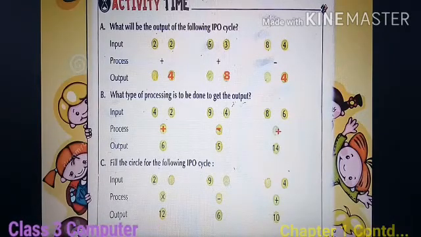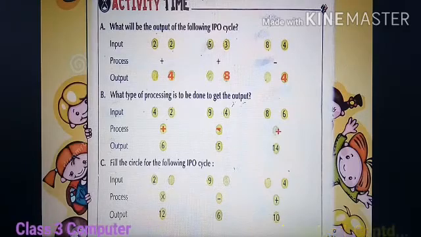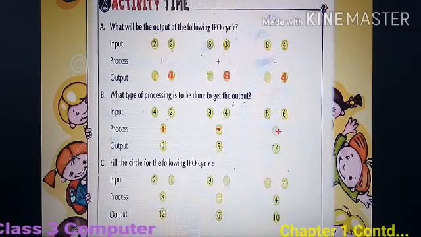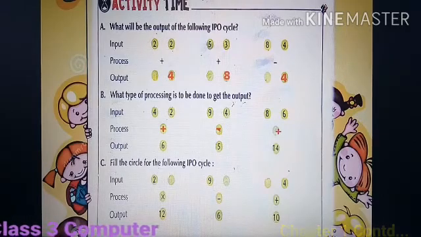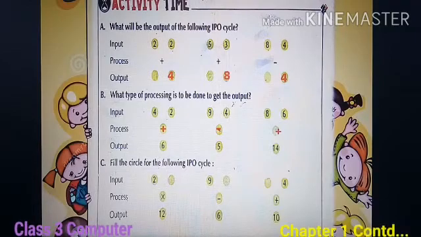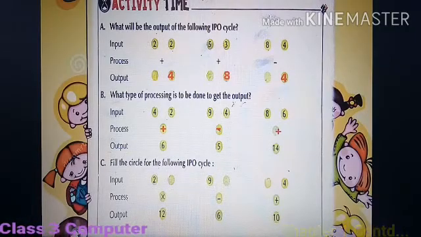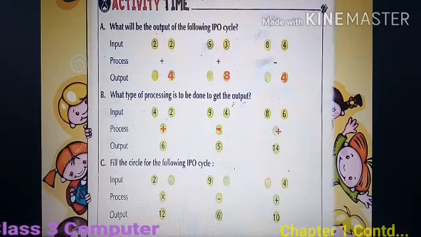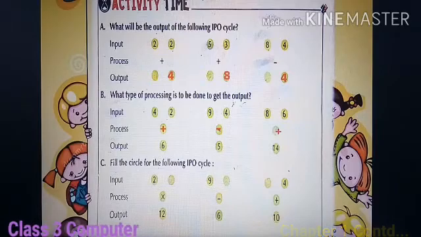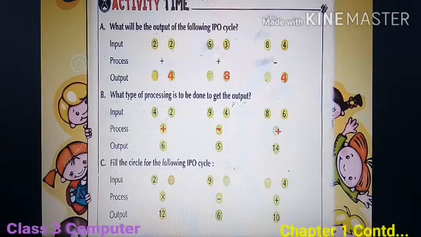In the third question, fill the circle for the following IPO cycle. That is, we have to find out the inputs. In the first question, we have input 2, the process is multiplication and the output is 12. So, we need to find out the input for the process. Which number is multiplied with 2 to get the result 12? Yes, that is 6.